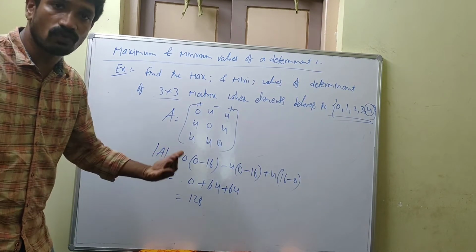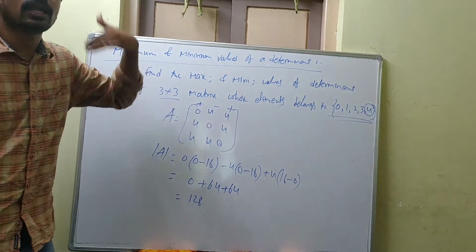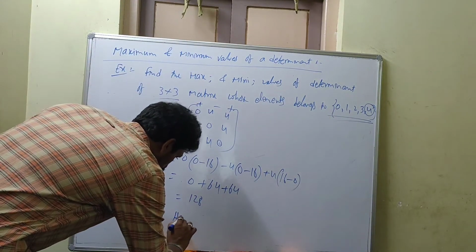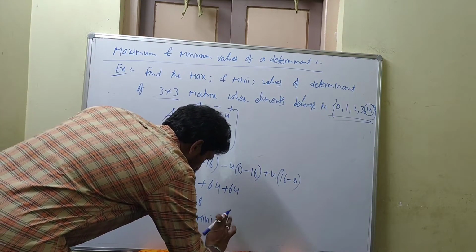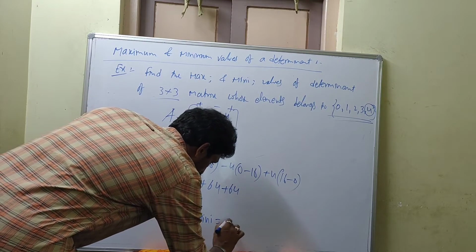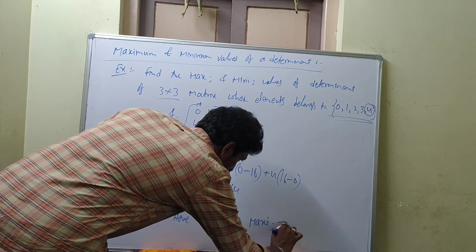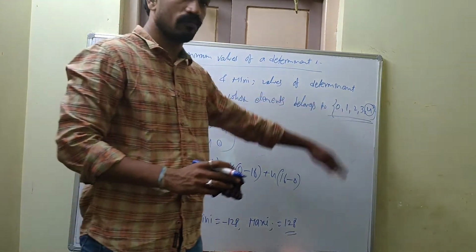If you get a negative value, that will be the minimum value, and the positive value becomes the maximum value. So here minimum is equal to minus 128. Maximum is equal to plus 128. That is your answer.